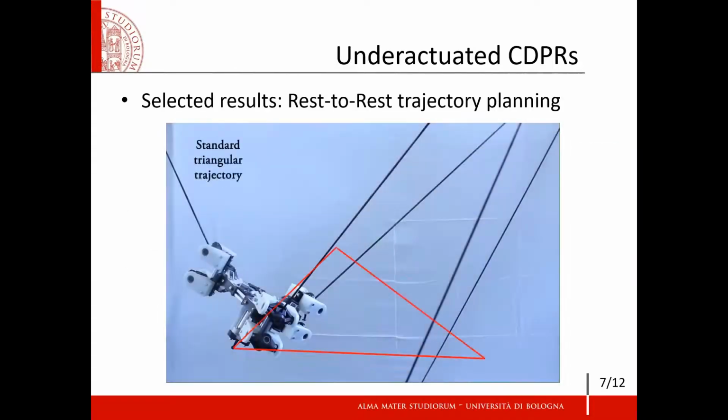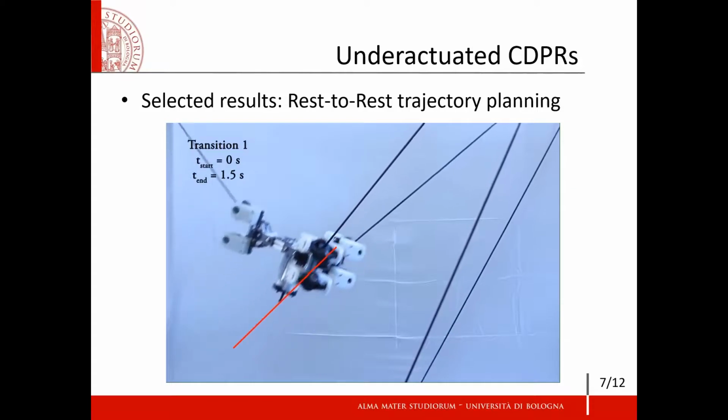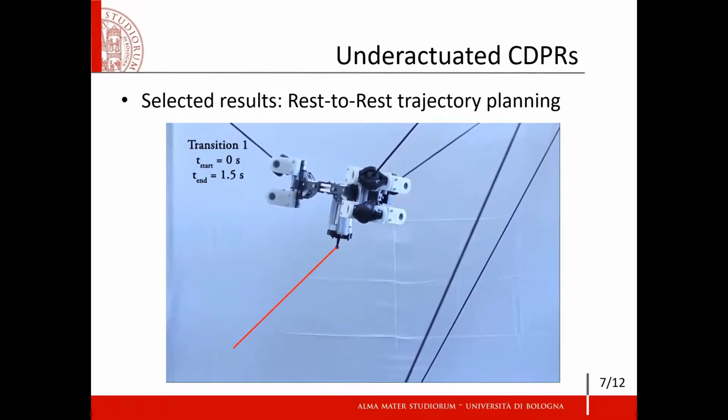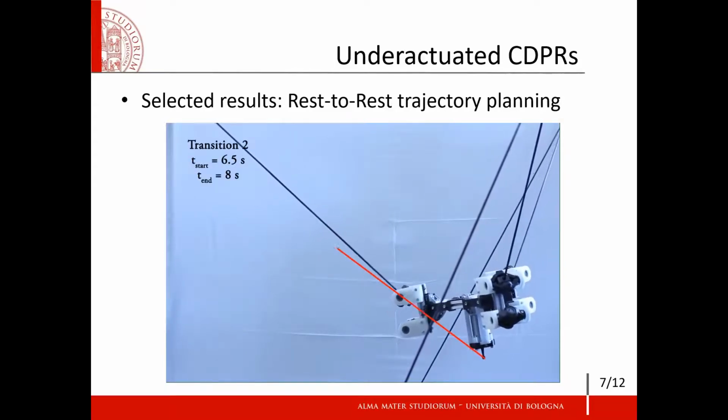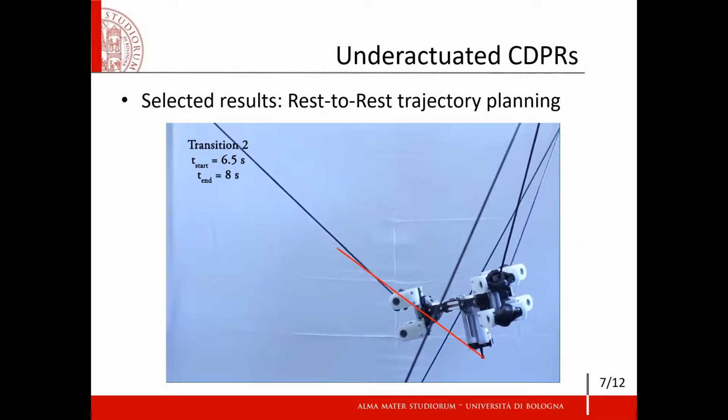As an example of our results, this video shows a special class of trajectories we developed called rest-to-rest. If kinematically standard point-to-point trajectories are employed, as in this part of the video, the end effector oscillates at the end of each segment of a trajectory.